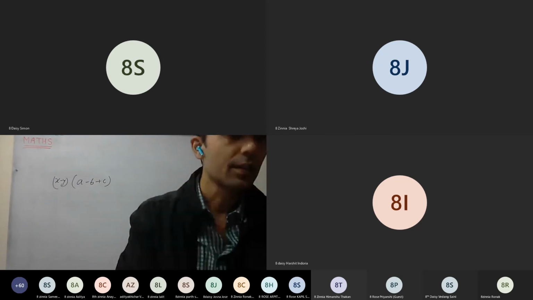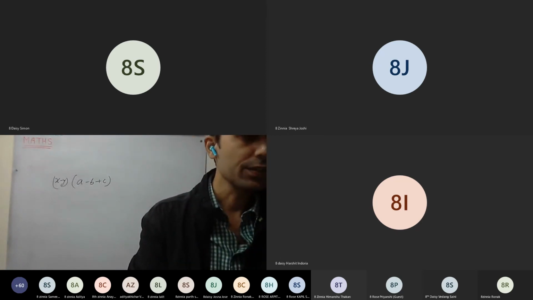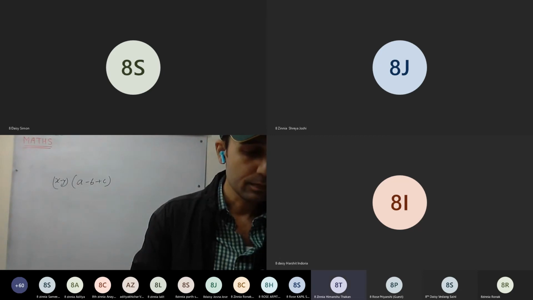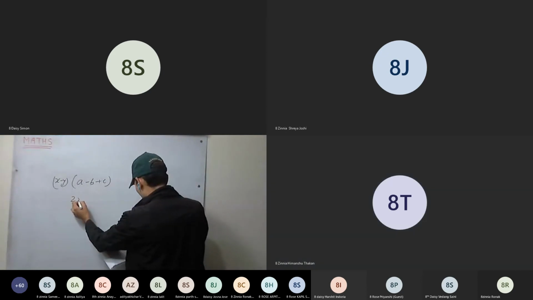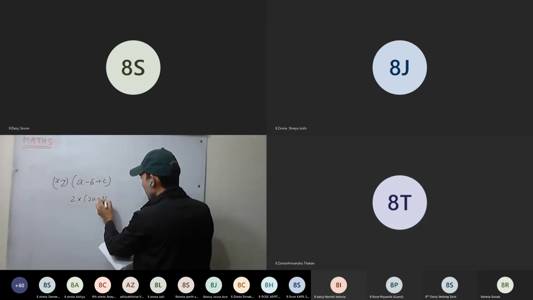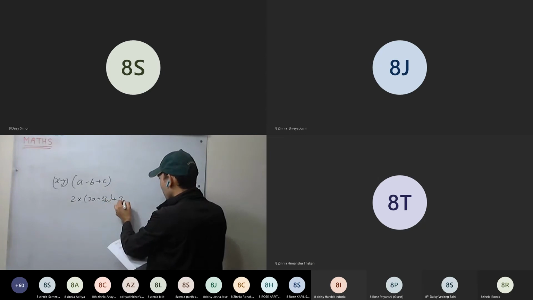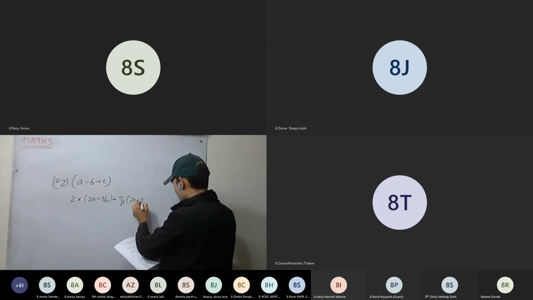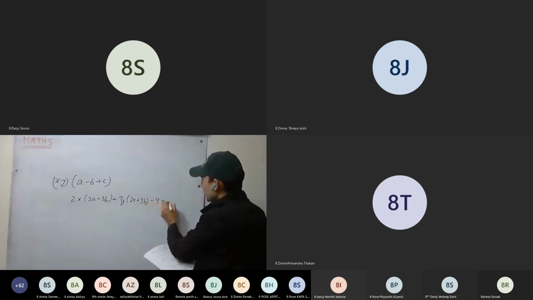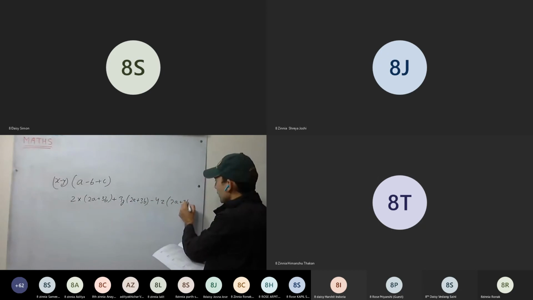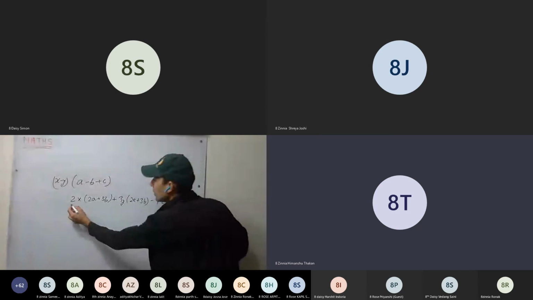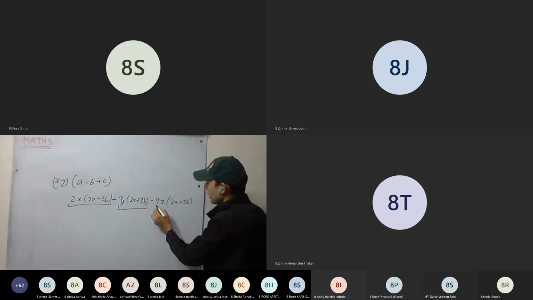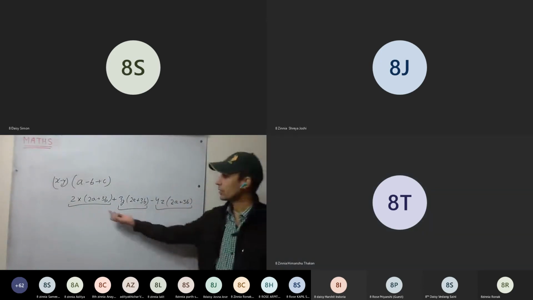Okay, second one. Himanshu Thakur, you tell the answer. So what will be the answer of second one? 2x, 2a plus 3b plus 3y, 2a plus 3b minus 4z, 2a plus 3b. So what will be common? We are having three terms.